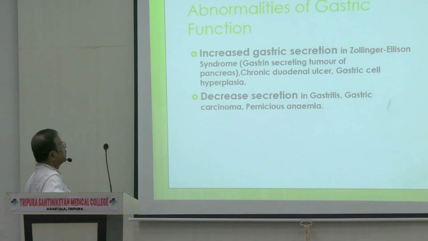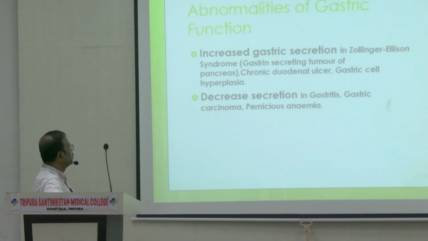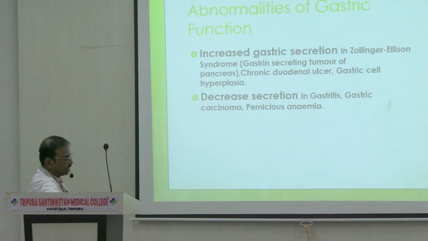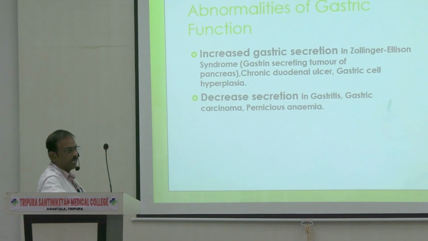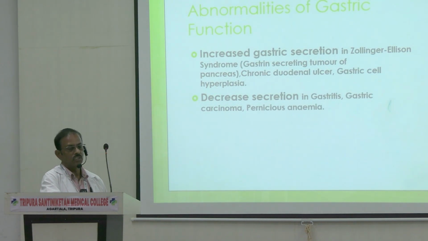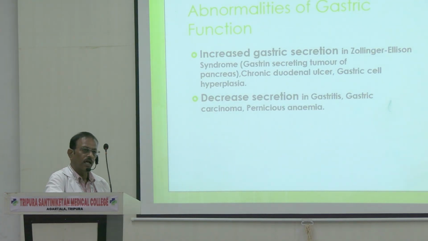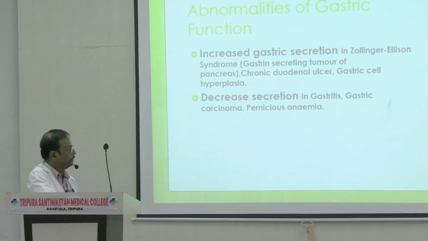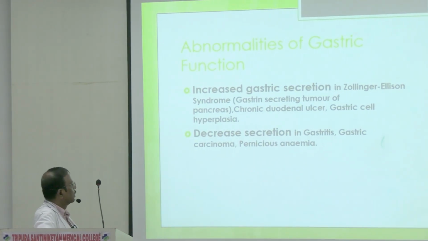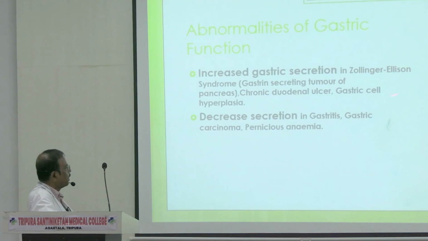Abnormalities: there is an increased gastric secretion in Zollinger-Ellison syndrome. This is a gastrin secreting tumor of the pancreas. A huge amount of acid is secreted. The patient often has peptic ulcer in this case. Then chronic duodenal ulcer, gastric cell hyperplasia.